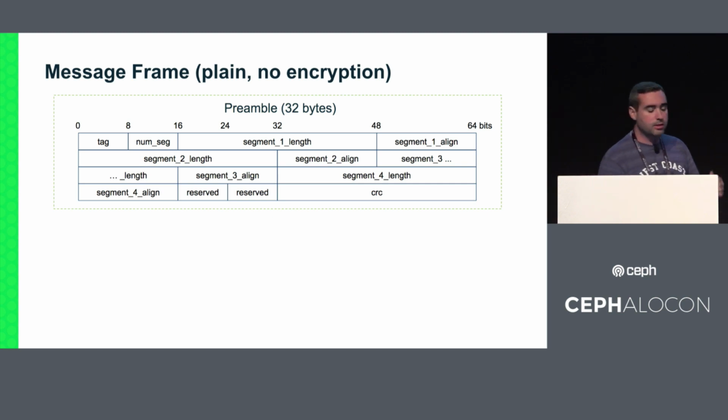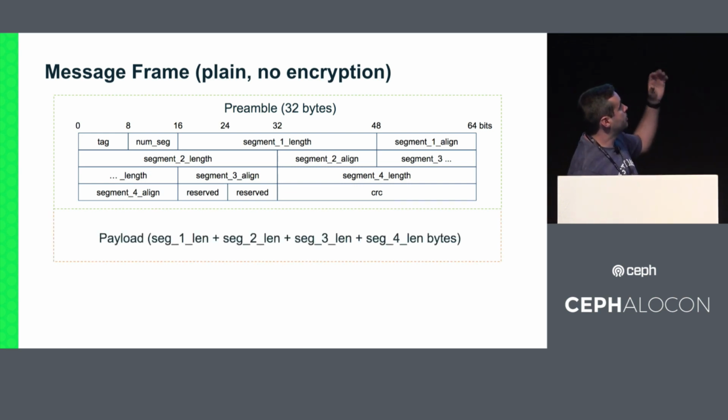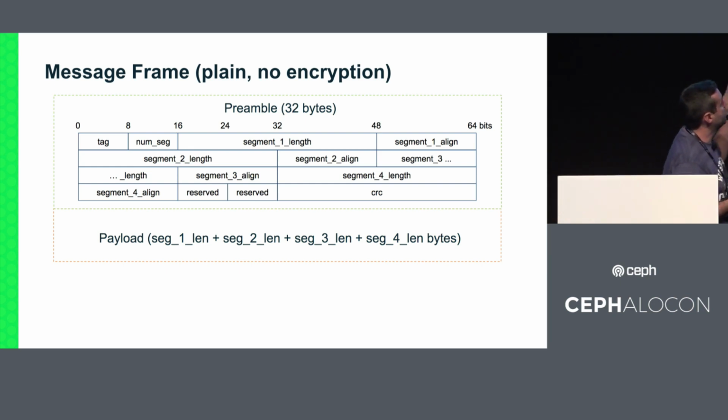And in the end, it has a CRC field so we can check the integrity of the preamble. So after these 32 bytes, we have the payload, which is basically the sum of the 4 segment sizes.